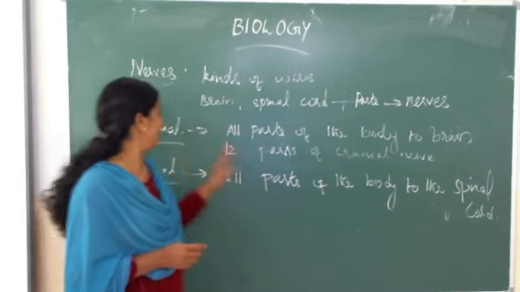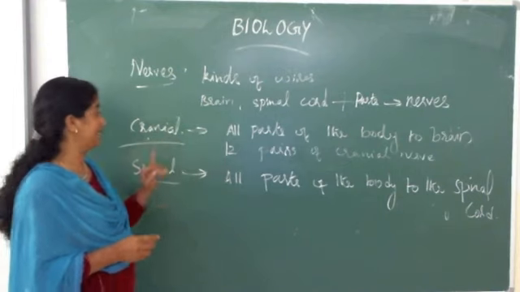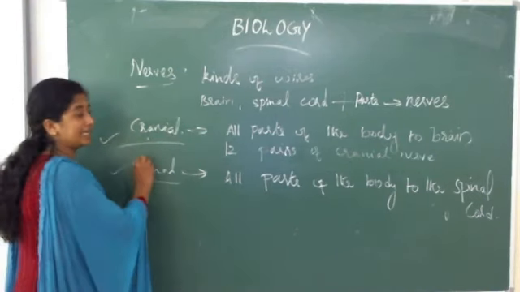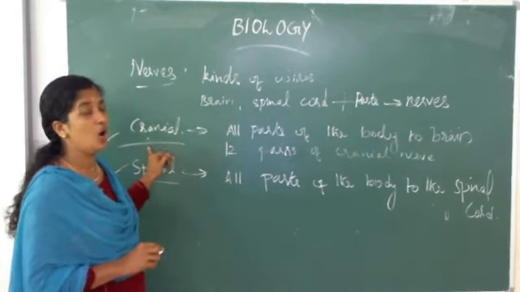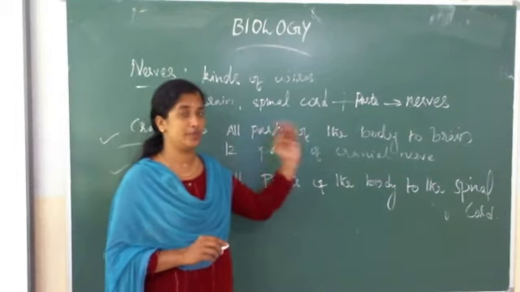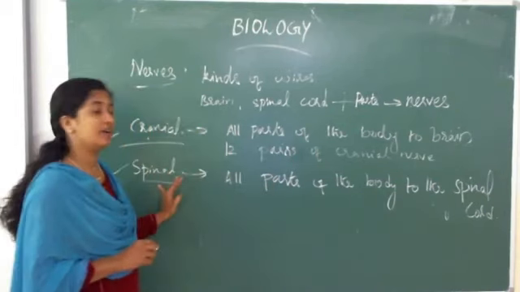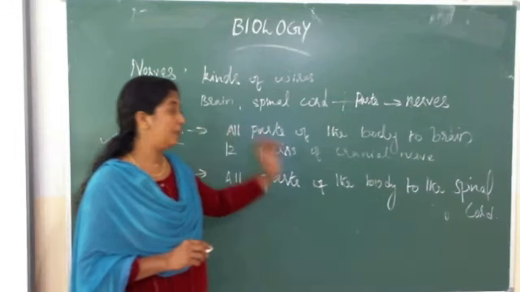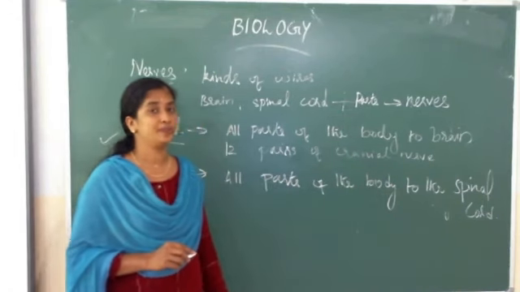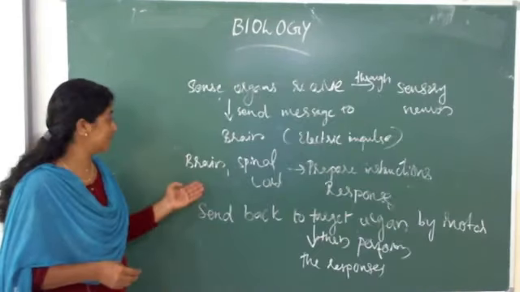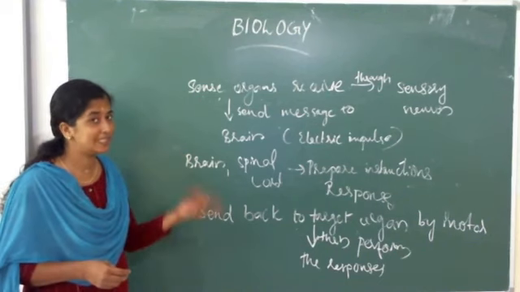Is it clear? Mainly 2 types of nerve, cranial nerve and spinal nerve. The cranial nerve connects parts of the body to the brain. The spinal nerve connects parts of the body to the spinal cord. I told you sensory neuron, motor neuron, then relay neuron.